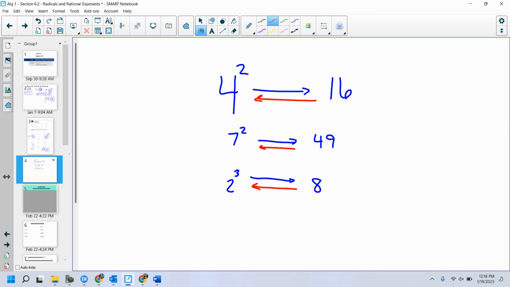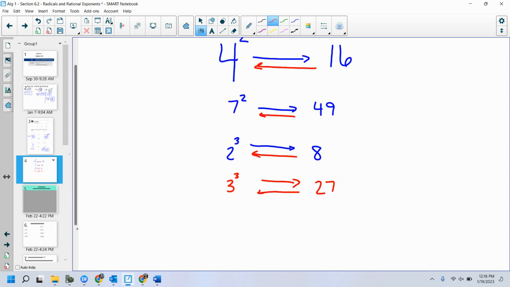Similarly, 3 to the third is 27, because 3 times 3 times 3 is 27. That is cubing the number. To work it backward, the cube root, or the third root, of 27 is 3.